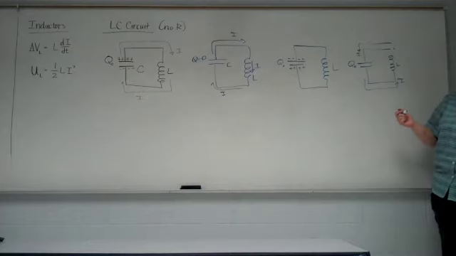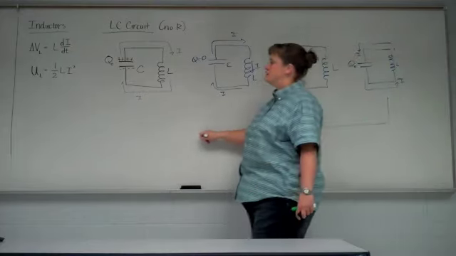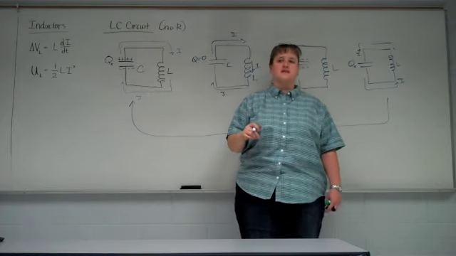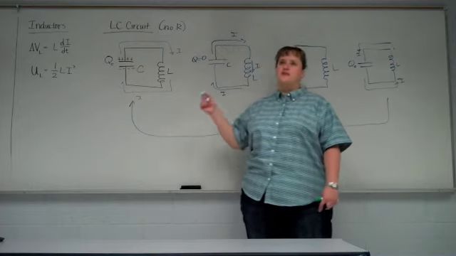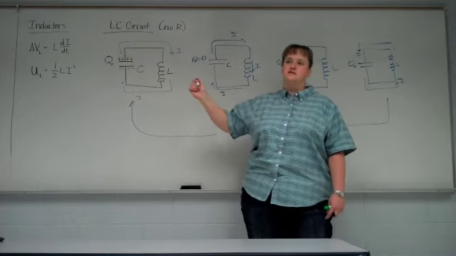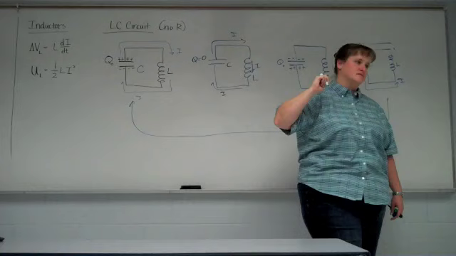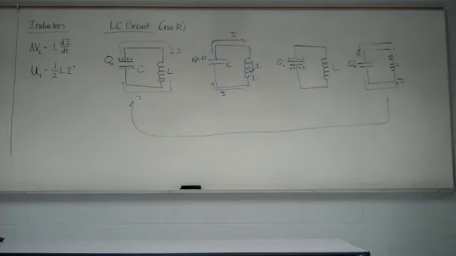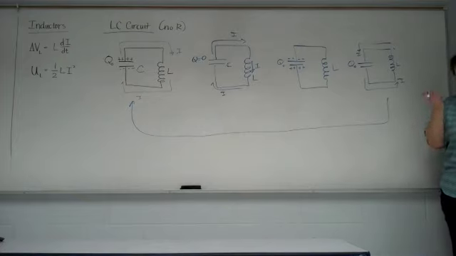But then the inductor induces current, which in turn charges the capacitor back the other way. And we go through this cycle over and over and over again. It's an oscillating circuit. Similar to a mass on a spring. Pull the mass down, it bounces on the spring.